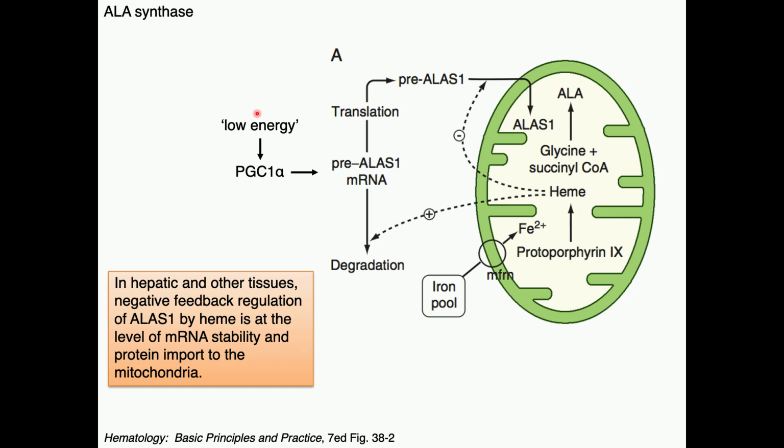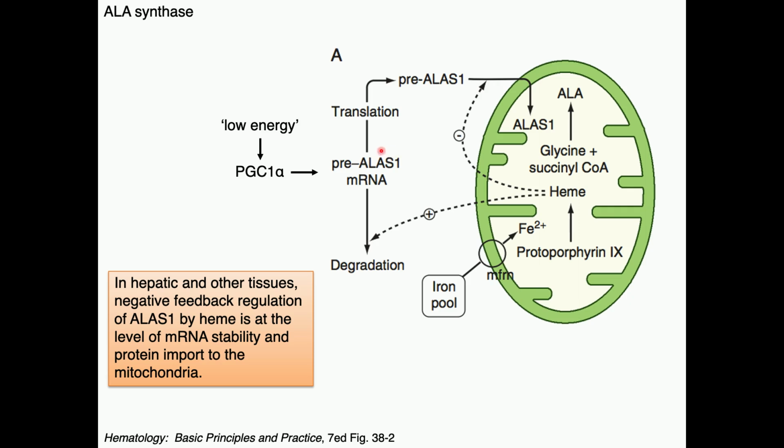That's going to activate the PGC1 alpha transcription factor and then increase the transcription of the ALAS1 gene. And if you think about the function of heme in a lot of other tissues besides the red blood cells, heme is a way that we can generate energy from the electron transport chain, for example. So it makes sense to couple the expression of heme to the energy status of the cell.